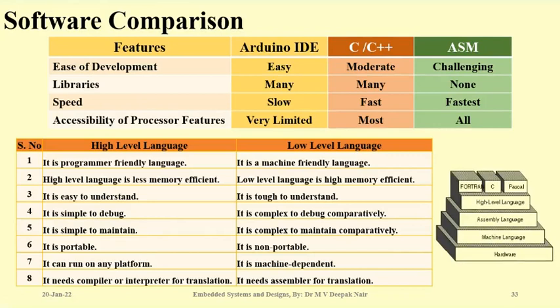So, for example, this is one very good image. Hardware is here: your IC, your microcontroller, microprocessor. Machine language stands here, where machine language means 0 1 0 1 1 0 1 1, this kind of pattern of zeros and ones. Of course, we cannot read all these zeros and ones.